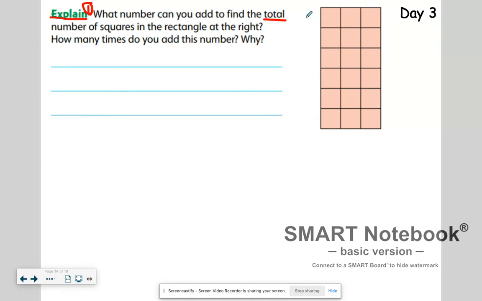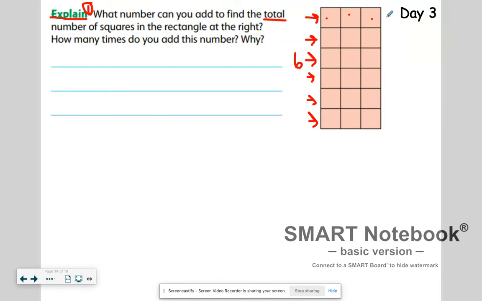So if I want to look at the rows, remember row your boat goes left to right. So I have 1 row, 2 rows, 3 rows, 4 rows, 5 rows, 6 rows. So if I had 6 rows, now we need to find how many are in each. I'll just count 1, 2, 3. All right.